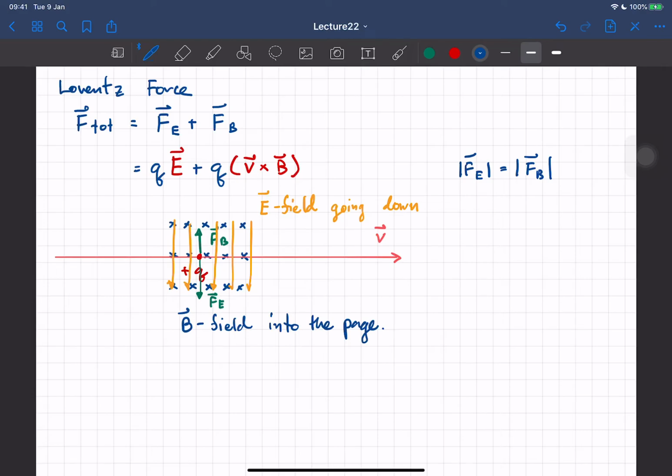That happens when QE equals QvB. So the charge cancels out, and you can see that E equals v times B.